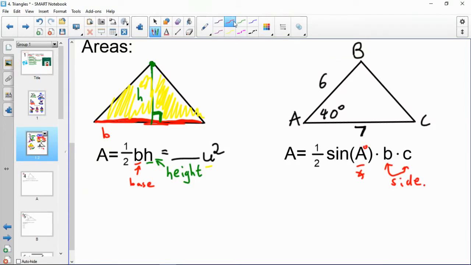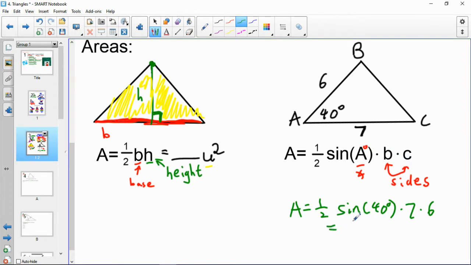So if I were to put this problem into the area formula of a triangle, it would be A equals 1/2 times sine of 40 degrees times 7 times 6. And notice that we're using capital letters. When we use these formulas, capital letters represent angles and lowercase letters represent side lengths.